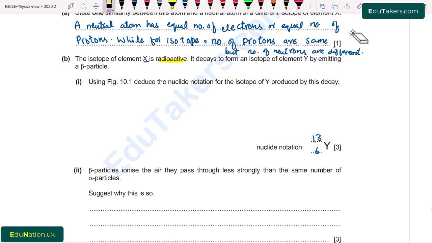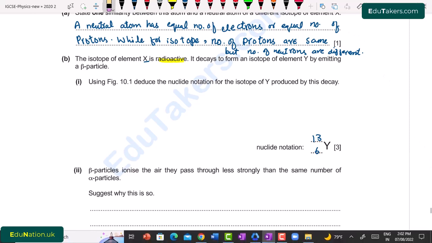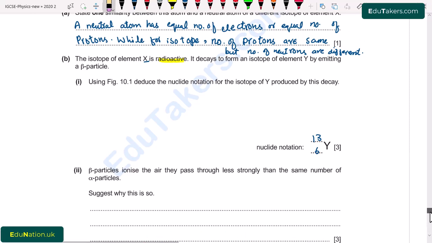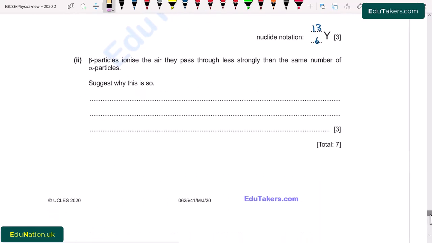Next, part 2. Beta particles ionize the air. They do so less strongly than the same number of alpha particles. Suggest why this is so. So we have to tell the reason why the ionizing power of beta particles is less as compared to alpha particles.